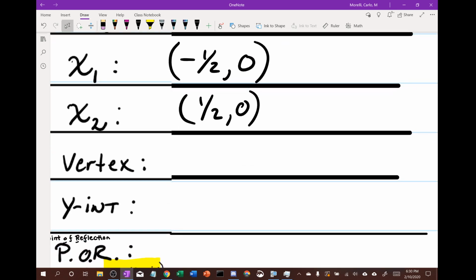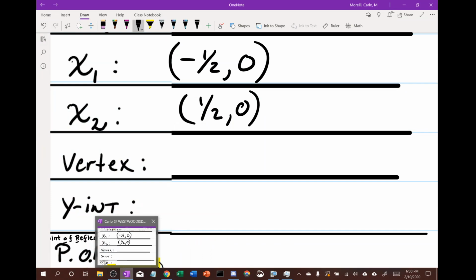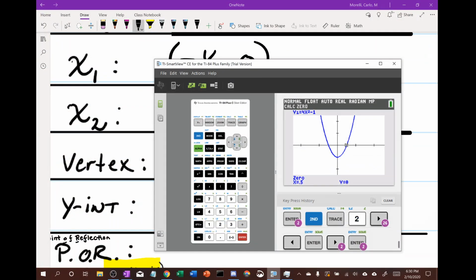Okay, let's find the vertex of this thing, because in this specific case, the vertex is the y-intercept, because this thing is symmetrical about the y-axis. So if we hit second trace minimum, and we left bound to the left of the vertex and right bound to the right of the vertex, we're not only going to find the vertex, but we're going to find the y-intercept. Okay.